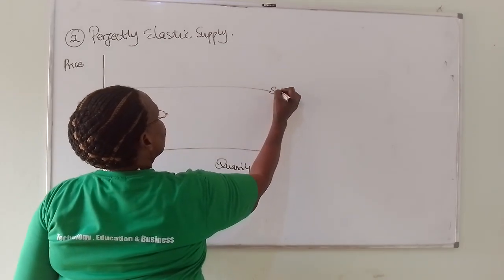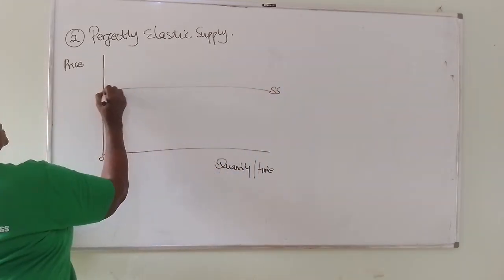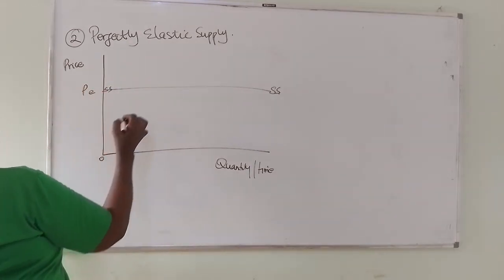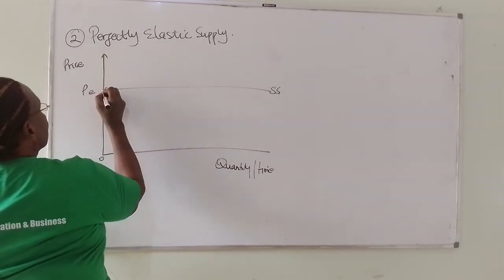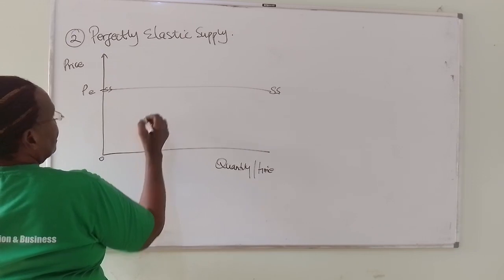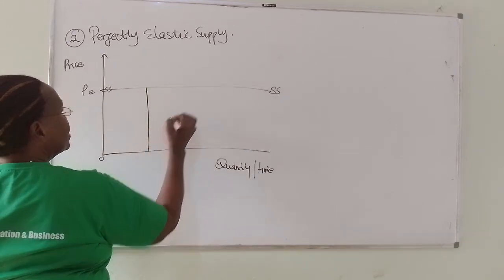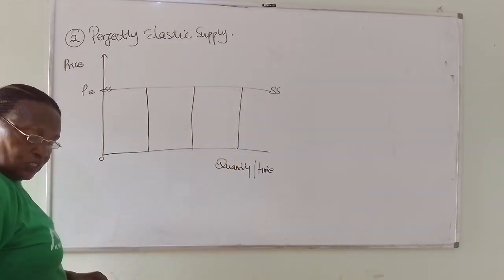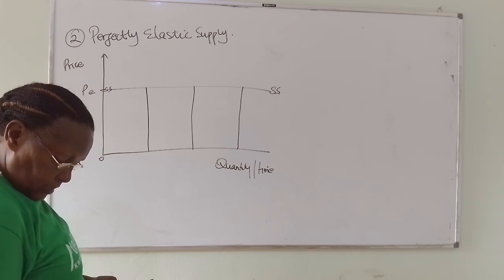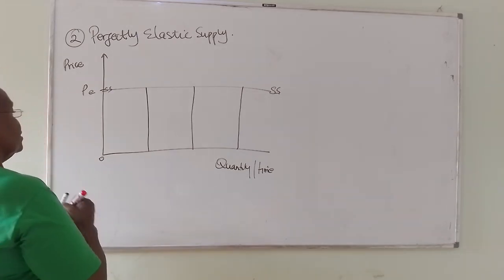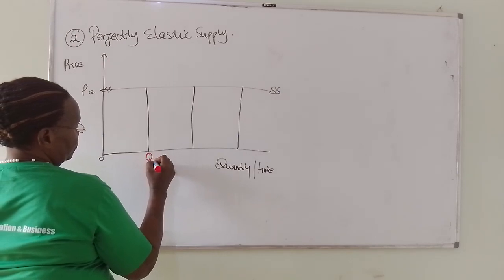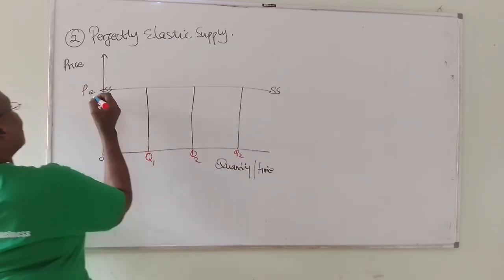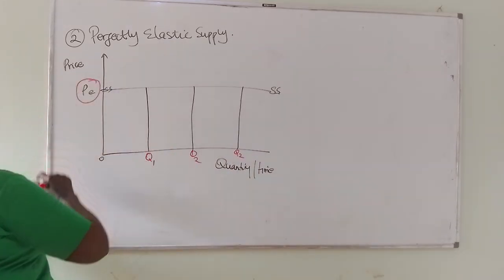So this is our supply curve, and we have our price, and we find that here this is the last price, and at that price anybody is free to supply as much as you want, even if the price is not changing at all. So it is like having a fixed price, and at that price you can have various quantities supplied. You can have Q1, you can have Q2, you can have Q3, but all of them are being supplied at the constant price of PE.